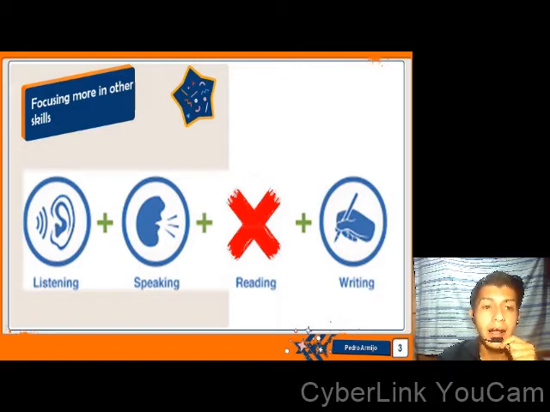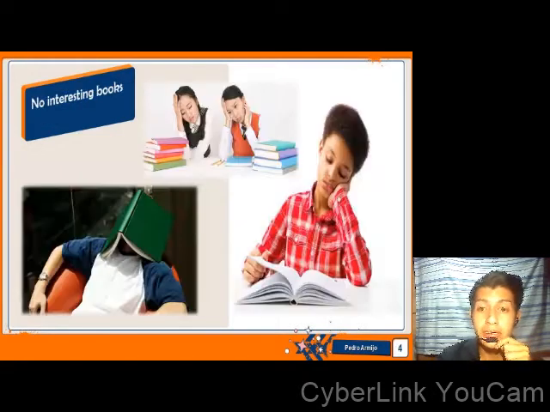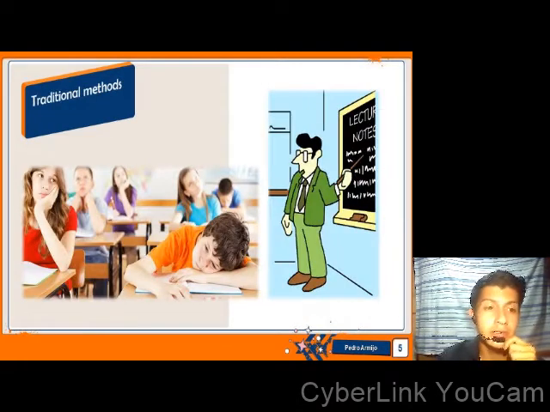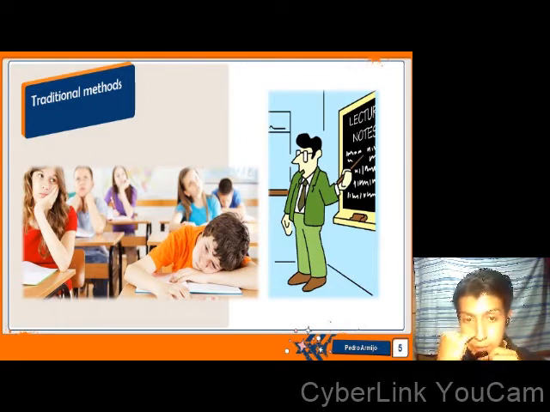Another reason is that most of the students consider reading as a boring process due to different factors, such as the lack of interest in books that catch their attention. On the other hand, in some educational institutions, reading comprehension teaching is based on traditional and inefficient methods that make students lose interest in it.